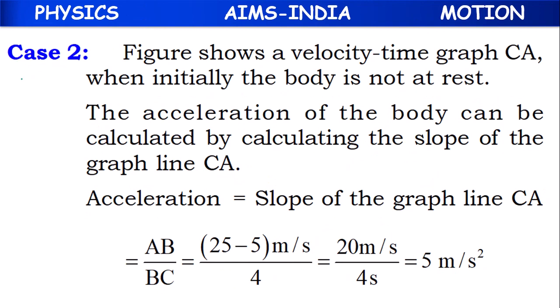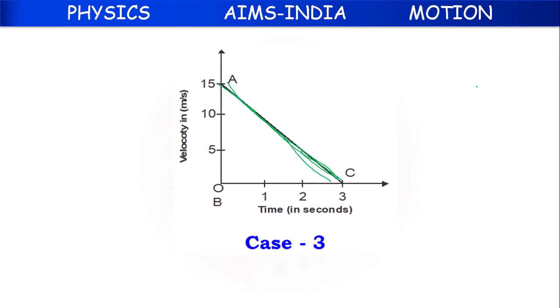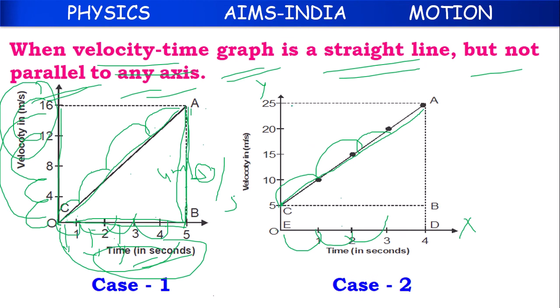So in case 2, the velocity-time graph CA is a straight line, but it is not at rest initially. So it is at some other point. AC is the velocity-time graph. How to calculate its acceleration?